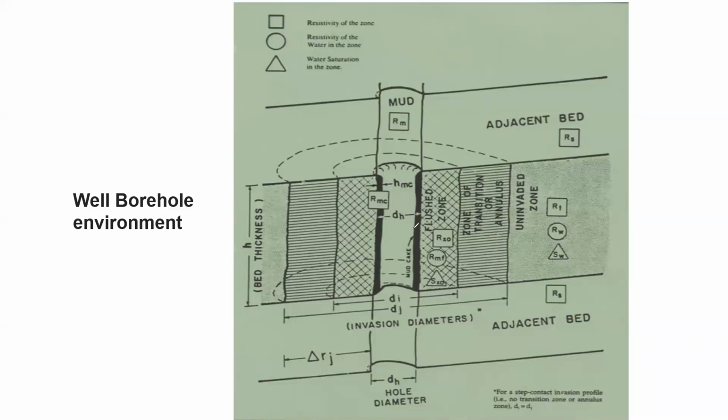Why? The reason is that the majority of formations have fluid in the pores. This fluid may be fresh water, saline water, or hydrocarbons. When you start drilling, this fluid comes out from the formations into the wellbore.